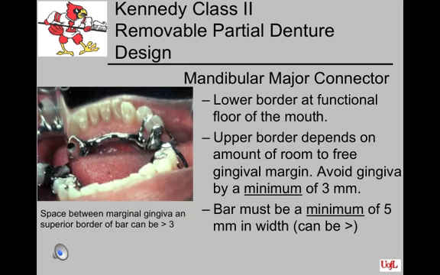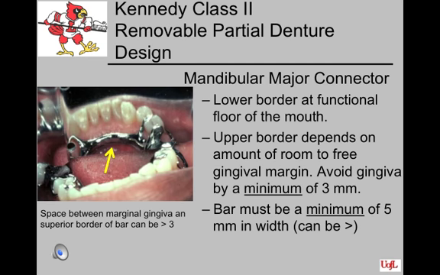The lower border of the lingual bar must be placed at the functional floor of the mouth. You ask the patient to lift his tongue to the roof of his mouth, and you measure with a perio probe from the marginal gingiva to the functional floor. You can't use your cast as a guide.